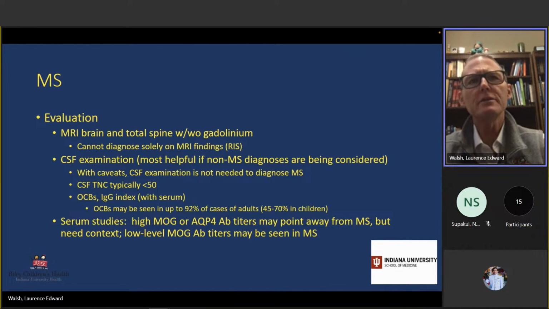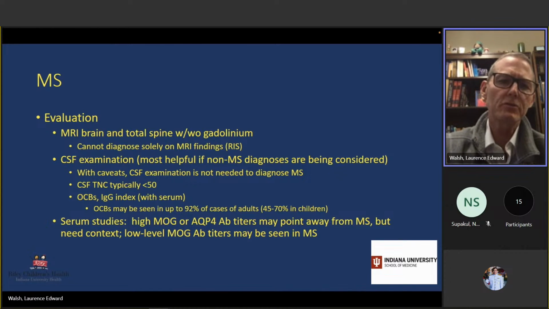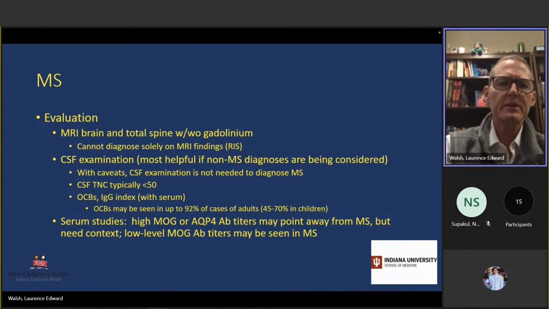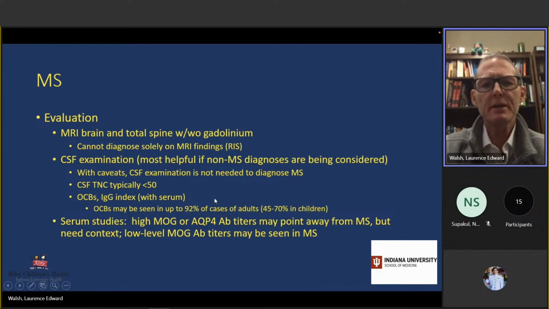In the 2011 McDonald criteria versus 2017, in the earlier criteria you did not need CSF; it was not particularly helpful to diagnose multiple sclerosis. The big change in 2017 is that when we fall short on clinical and radiographic criteria, the CSF now becomes helpful, and specifically the finding of 2 or more CSF-unique oligoclonal bands.